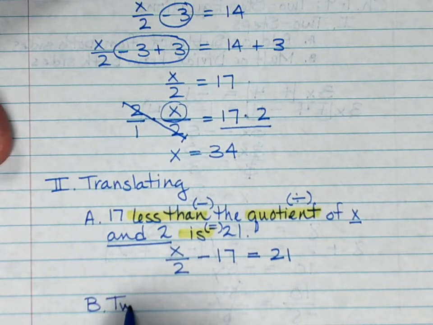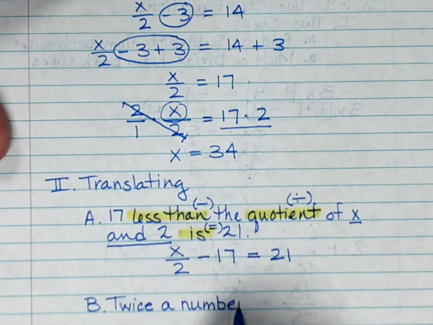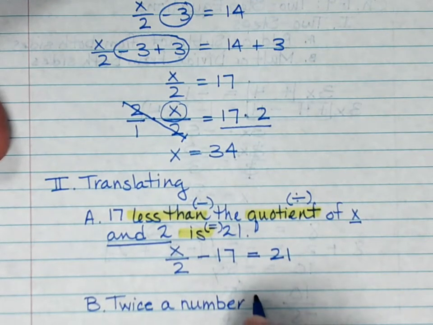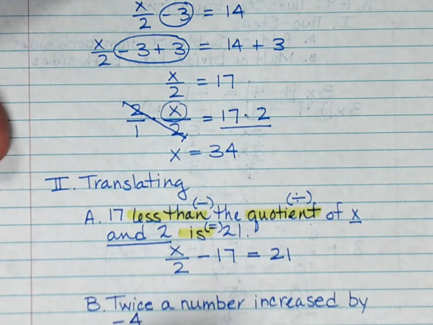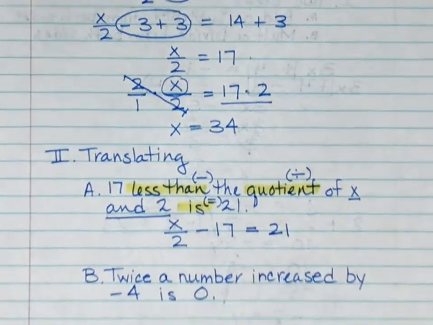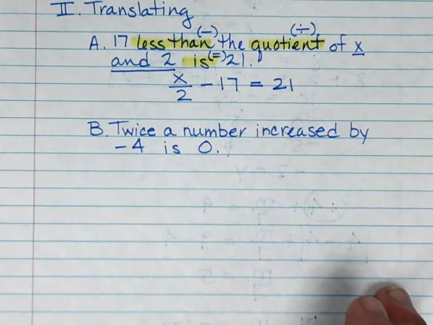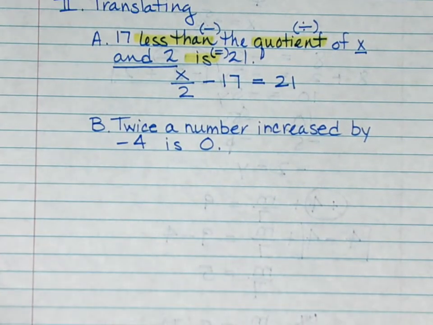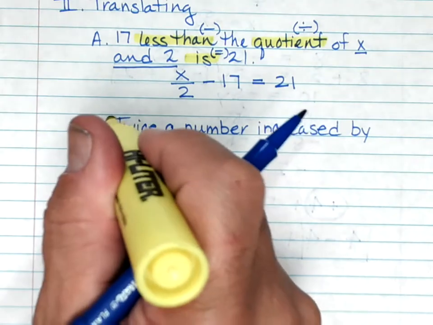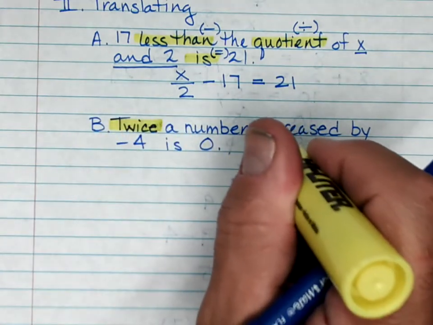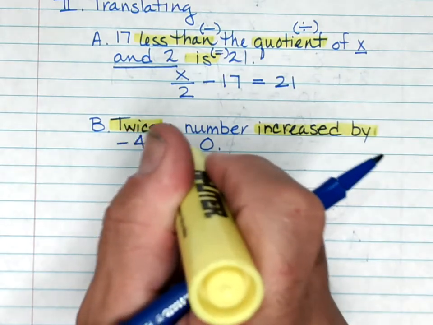The second one: twice a number increased by -4 is 0. I should have actually written the word 0. Again, the keywords here: twice, increased by, and is.